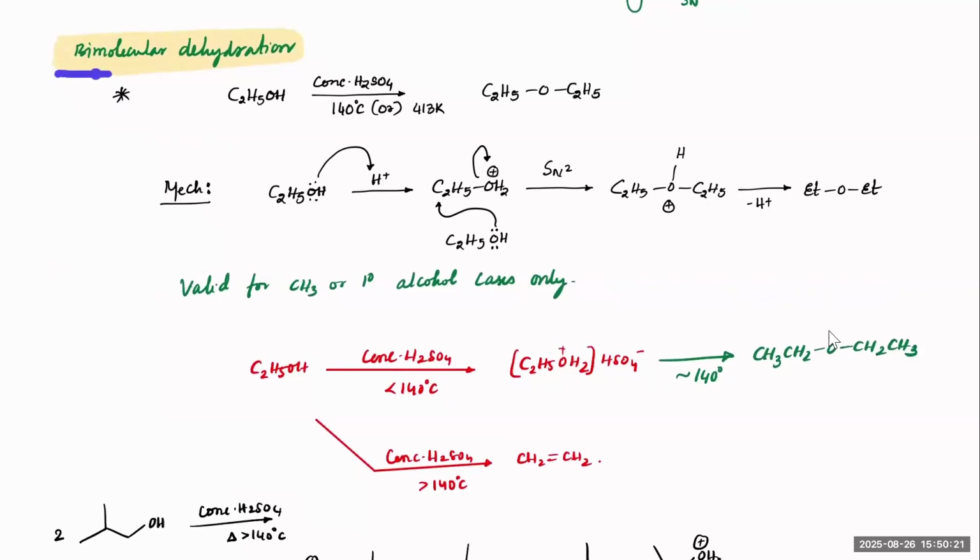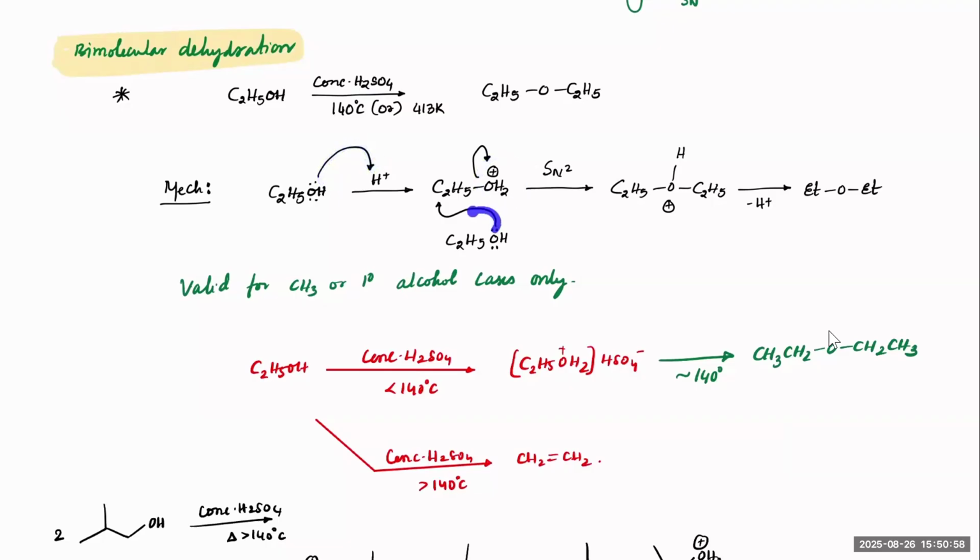Next one is bimolecular dehydration. We have seen this as a preparation reaction also. In case you have an alcohol and you're reacting it with concentrated H2SO4, but you are maintaining a certain temperature, in this case 413 kelvins, at this temperature you will tend to get more ethers than alkenes or any other product. How is the reaction proceeding? Since it is in an acidic medium, the alcohol will take H plus and get OH2 plus.